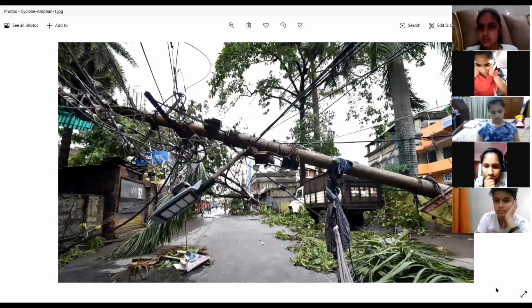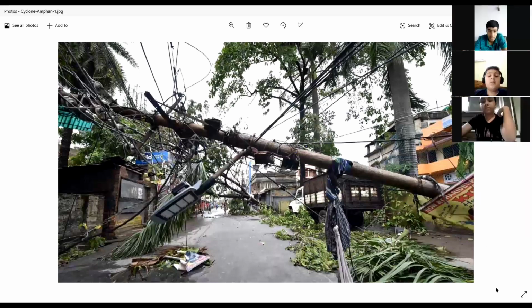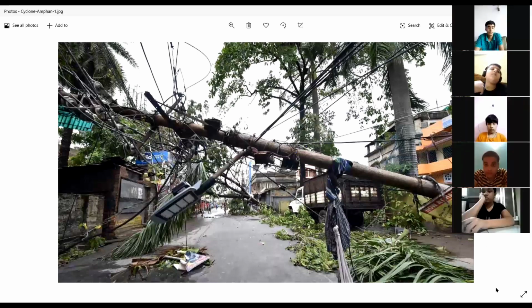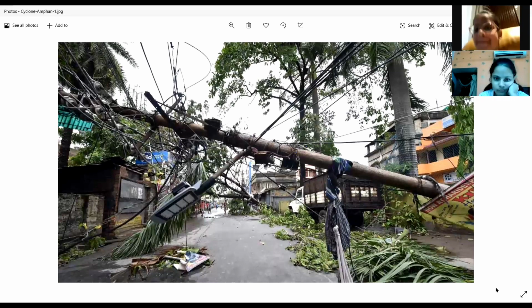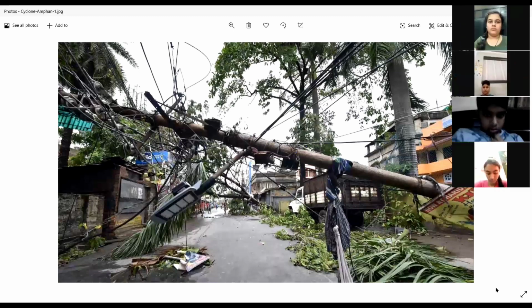Kolkata airport has all drowned, and people are homeless. They are jobless. Everything has gone damaged. The city of Kolkata has lost its beauty and is now looking like an old house.